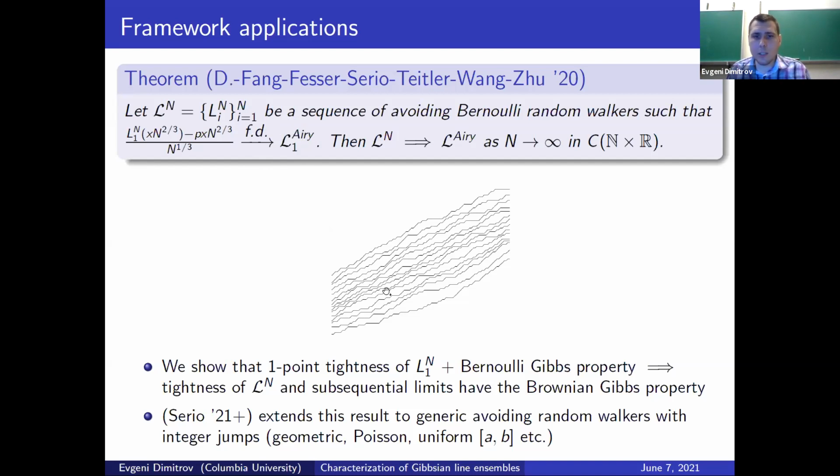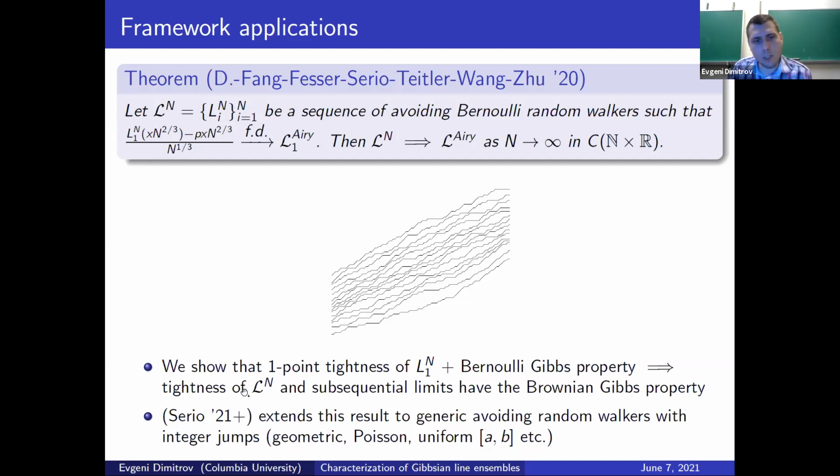But to show tightness, we only need one point tightness of the top curve together with some sort of global parabolic behavior. So for example, if you know that the top curve one point marginals converge to Tracy-Widom, that's enough to conclude that the full ensemble is tight. And moreover, that all subsequential limits satisfy this Brownian Gibbs property.